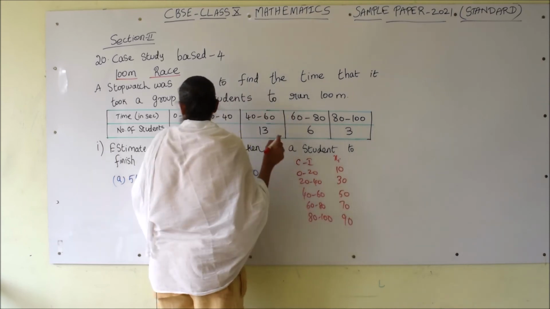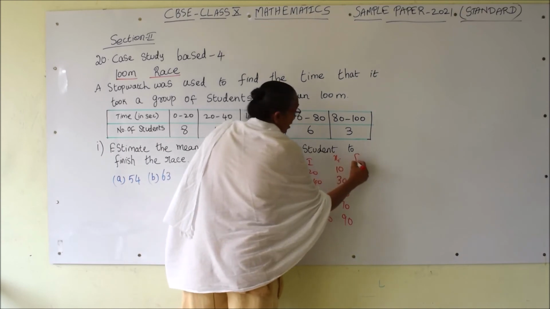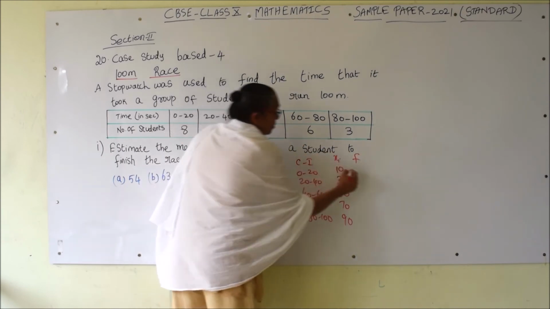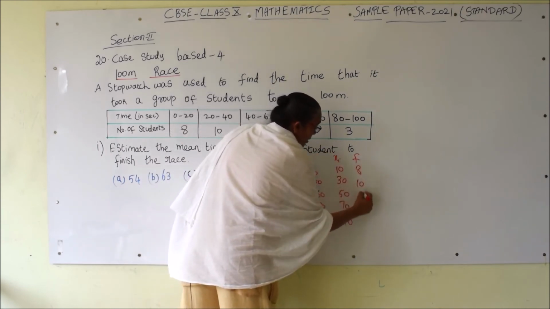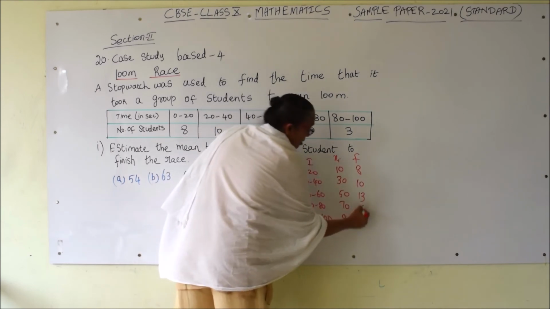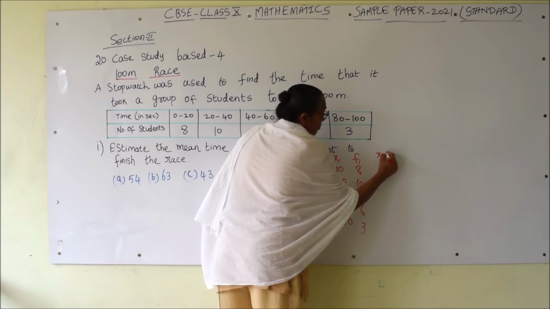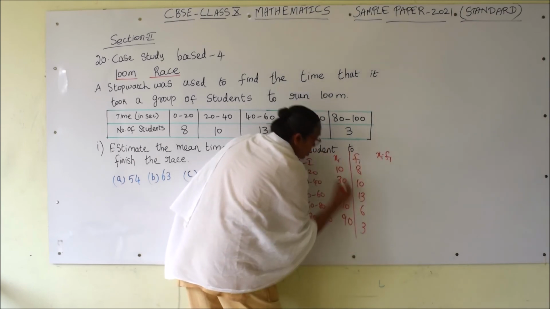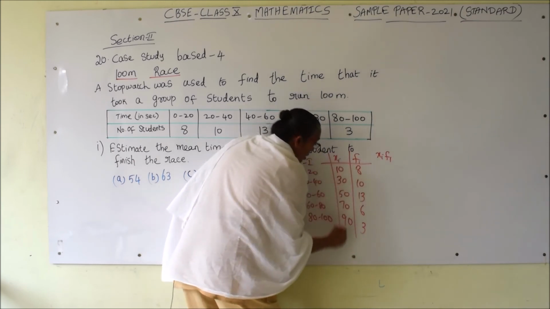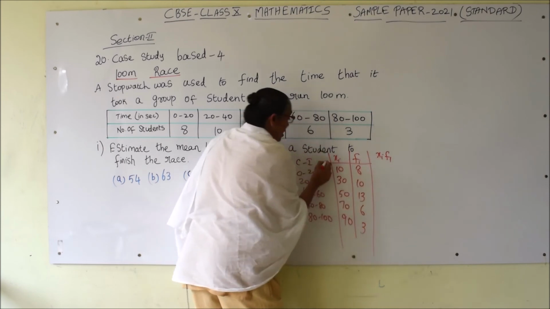Now the frequencies are given as the number of students: 8, 10, 13, 6, 3. Next, we will do the column xi fi, the product of these two columns. Each element we have to multiply in these two columns.